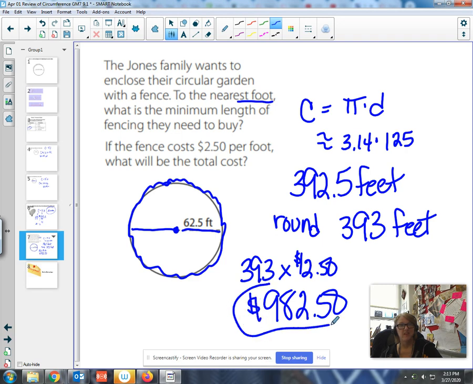Ta-da. Chances are, if you're running to Menards or Home Depot or Lowe's or somewhere to get this fencing, you're probably going to buy more than 393 feet just to be on the safe side in case it gets a little bigger than you anticipated or something goes wrong. And this is going to be an expensive project.